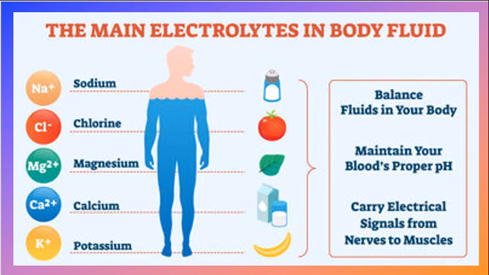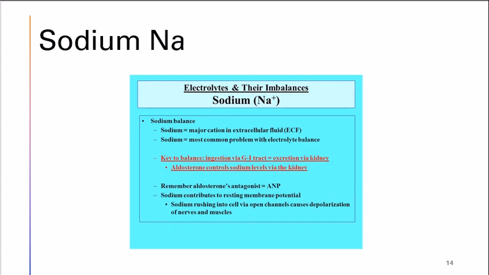Again, imbalances in any one of these electrolytes can result in major problems, especially when we're talking about imbalances of potassium. Sodium is the most abundant extracellular ion or electrolyte in the body and is really, really important for the regulation of water. In the body, water follows sodium.